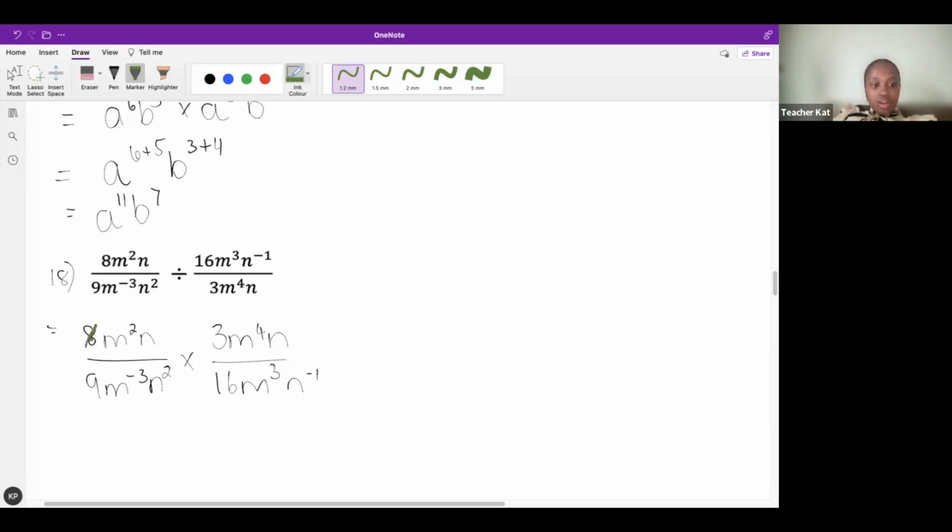It goes into itself once and into 16 twice. 3 and 9, do we have a common factor? 3 goes into itself once and into 9 3 times. Okay, we have cross cancelled.